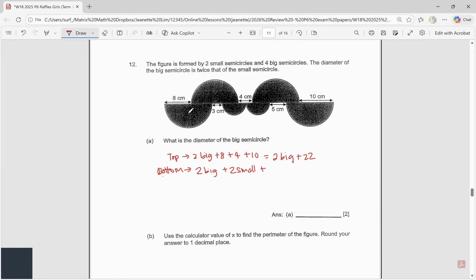So we have already included the 8 because, just looking at the bottom one, diameter of the big one, 3, diameter of the small one, diameter of the small one, 5, diameter of the big one. Okay, so 2 big, 2 small plus 3 plus 5, which is 2 big plus 2 small plus 8.